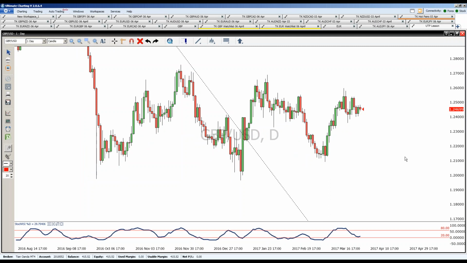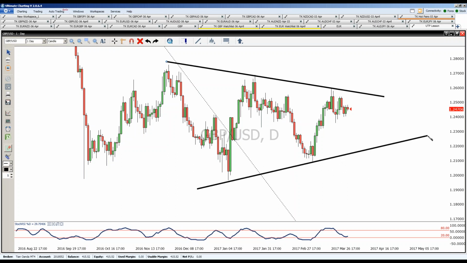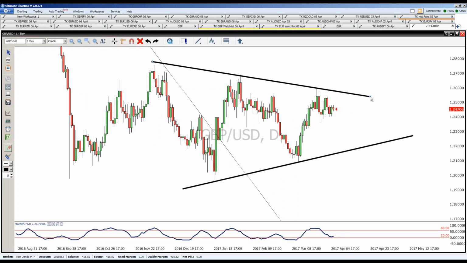Most recently, we can actually see that we have a price pattern on the pound US dollar. The market has been making lower highs and higher lows. Look at that. Who can tell me what price pattern this is? What do we call that?